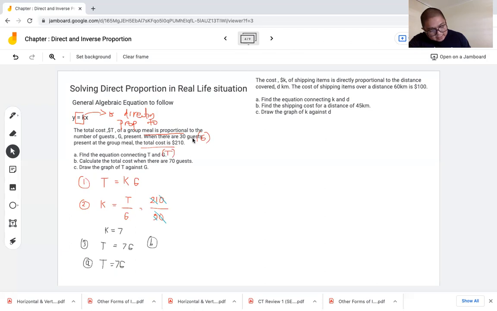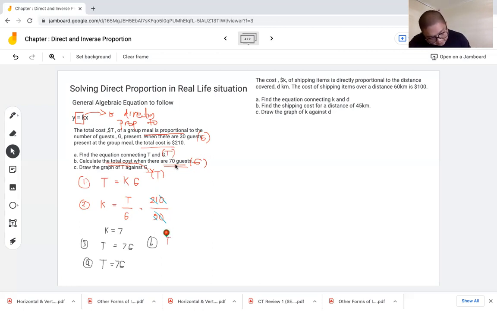Now, in letter B, it says here to calculate the total cost when there are 70 guests. So in this case, guys, you have to understand that these particular 70 guests represent a certain variable G. And this total cost that you are looking for represents a certain variable T. Knowing that, you will now understand that you can replace the G with the value of 70. So this is how it goes.